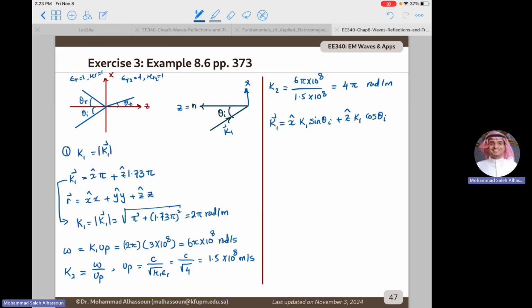You don't actually need to memorize it. You can use the angular relation here to find the expression for the x and z components. We know that k1 sine theta I equals pi. This is what we have in here.